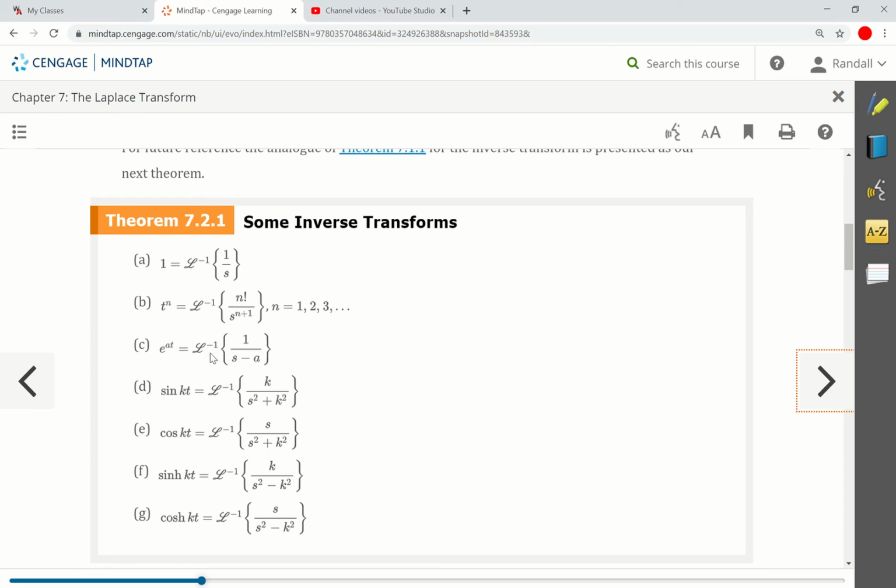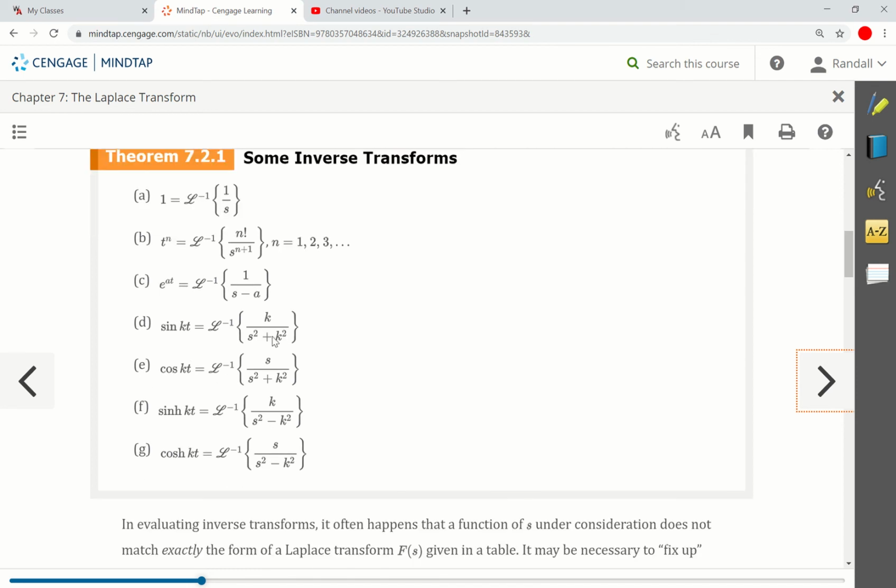The inverse Laplace transform of 1 divided by s minus a is e to the at. Be very careful with the next batch. They look a little bit similar in some spots, but one has just a constant up top, and some have an s up top. The inverse Laplace transform of k divided by s squared plus k squared is the sine of kt.